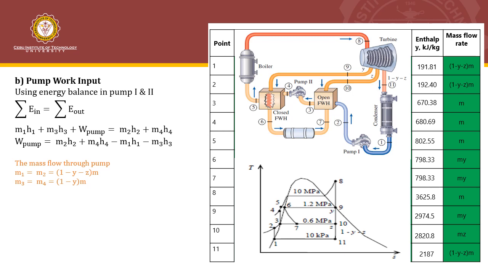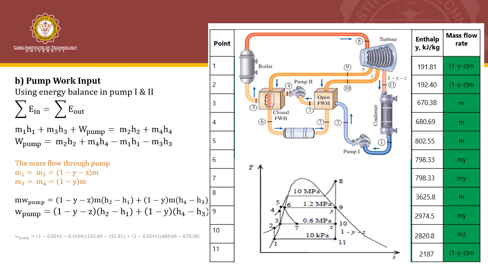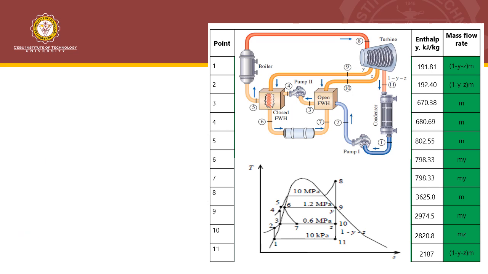Also m3 is equal to m4, and that is equal to (1 minus y) multiplied by m. Substituting those quantities, we can get the work of the pump in terms of per kilogram. Substituting the values of y and z as well as the values of enthalpies, we can get the pump work input as 10.21 kilojoules per kilogram. So this represents already the total pump work input.